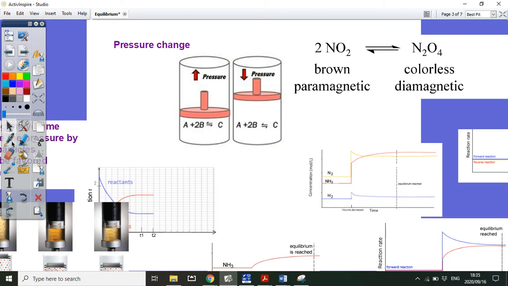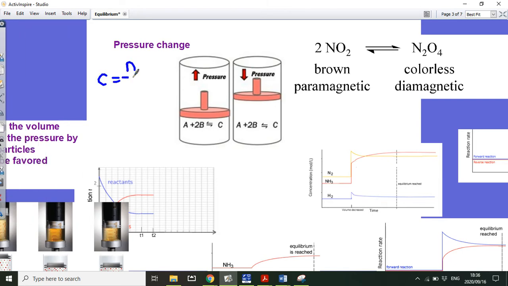Now you need to remember that concentration is the number of moles over the volume. When the pressure changes, I'm not changing my moles. So the moles stay the same, but the volume has decreased. And because volume is inversely proportional to concentration if moles are constant, my concentration will increase.